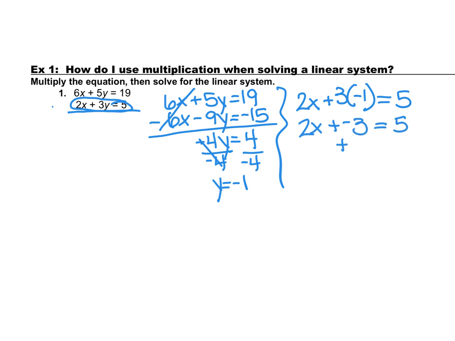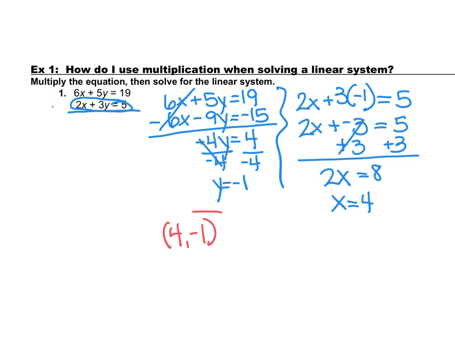So we're going to add a 3. And so now we have 2x is equal to 8, and then we're going to divide, and x is going to be equal to 4. So the point at which the two equations are going to cross on the line is at the point 4, negative 1.